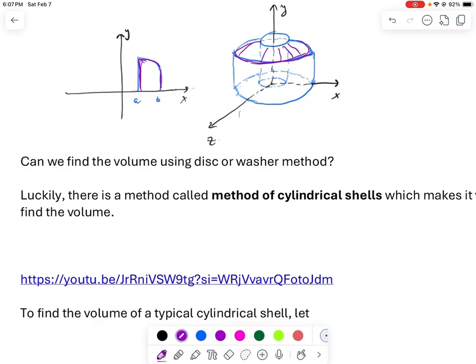We start at the same place where we started other formulas. We start by partitioning the interval [a, b].